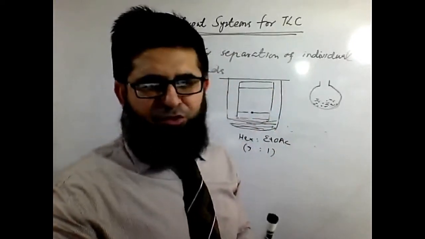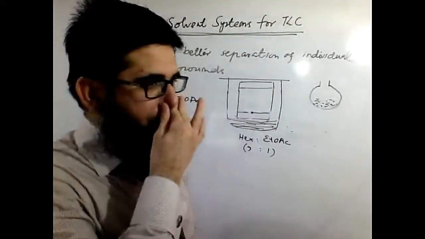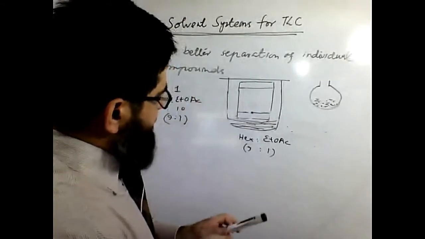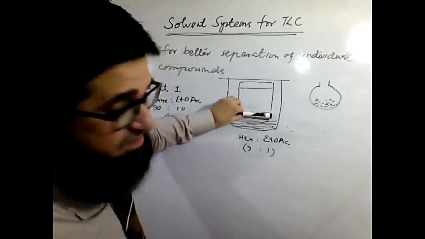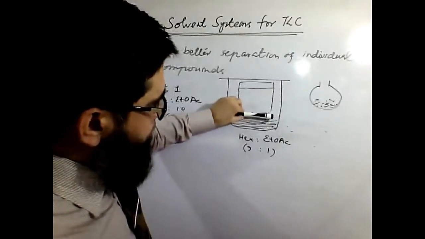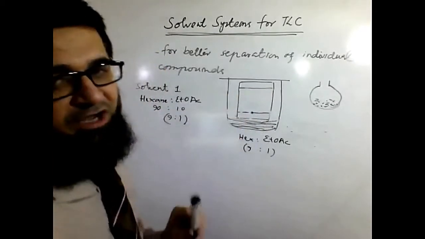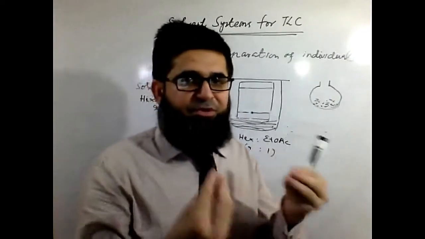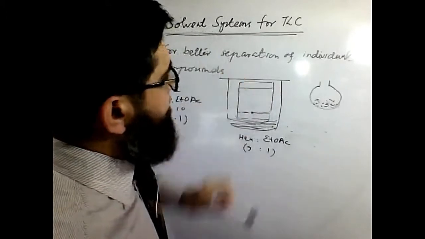Once it moves through the plate, so we let the solvent move on the TLC. As the solvent moves through the drop of the mixture, definitely to dissolve those components into it, and it will move until it reaches the upper lane.